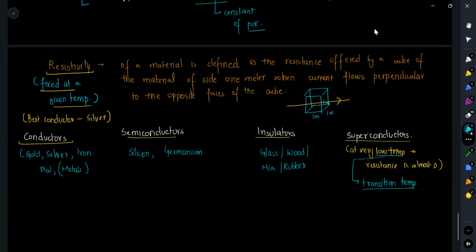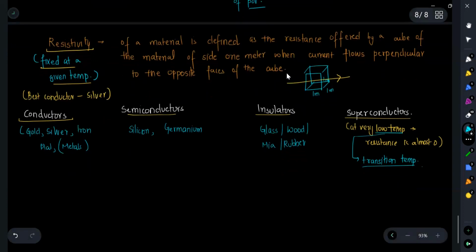For example, it is mentioned copper at 40 Kelvin, which is a very low temperature, is a superconductor. Okay. There are a lot of numericals related to resistivity also that we'll be doing, but I guess that is it.